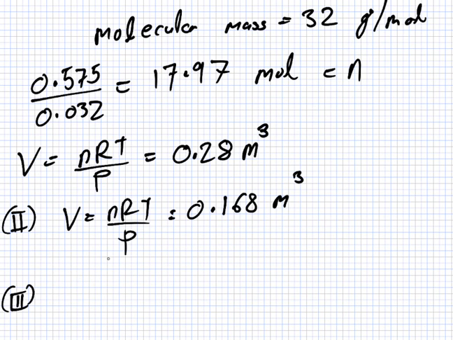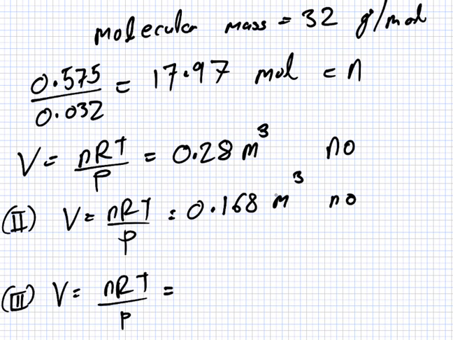The temperature is now different for the last part. What's the temperature? 0 Celsius. So in fact, do you use this number? No. Do you use this number? No. You have to calculate the volume again. But this time, the temperature and the pressure are both different.